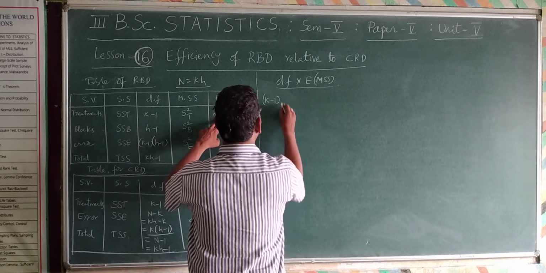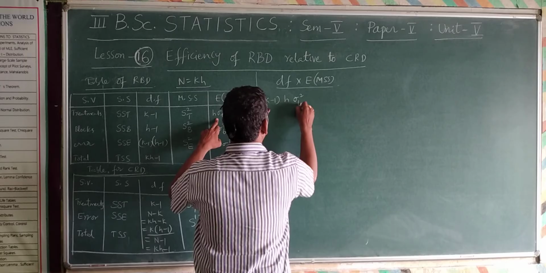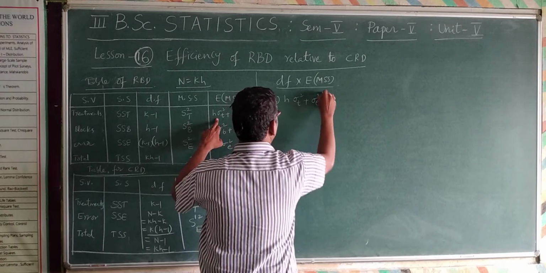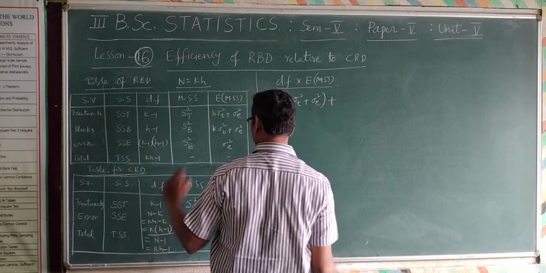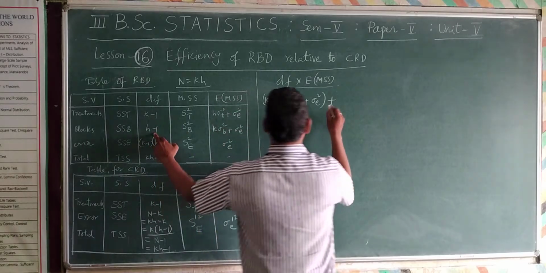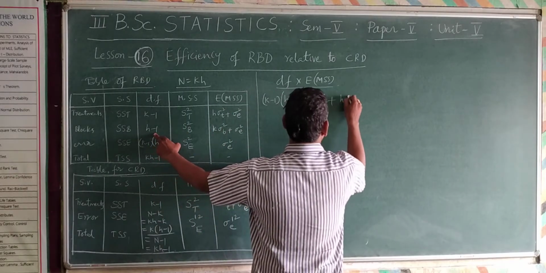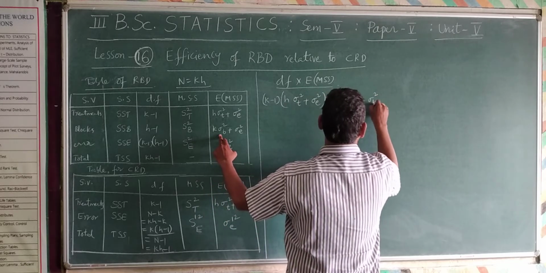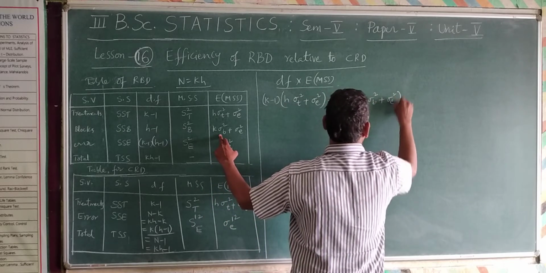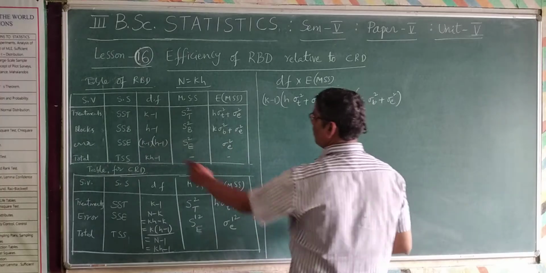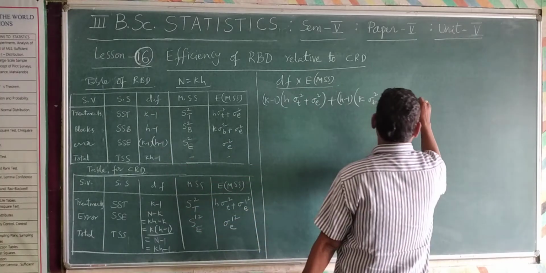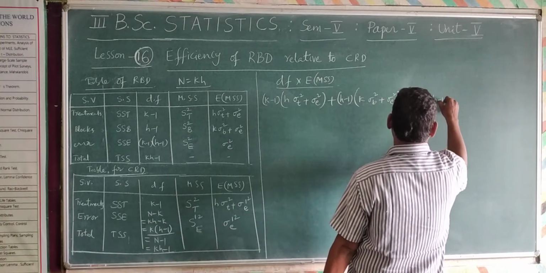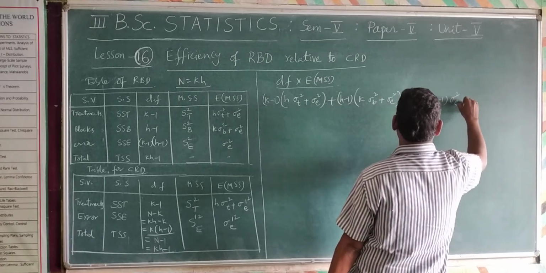(k minus 1) into (h sigma square t plus sigma square e), plus (h minus 1) into (k sigma square b plus sigma square e), plus (k minus 1) into (h minus 1) multiplied by sigma square e.